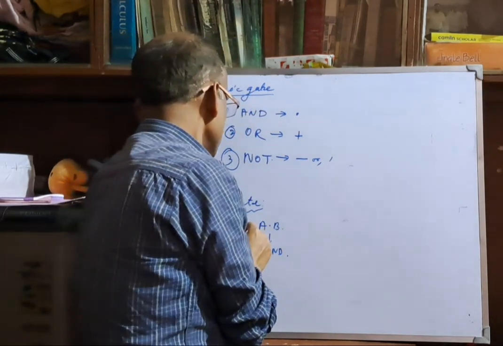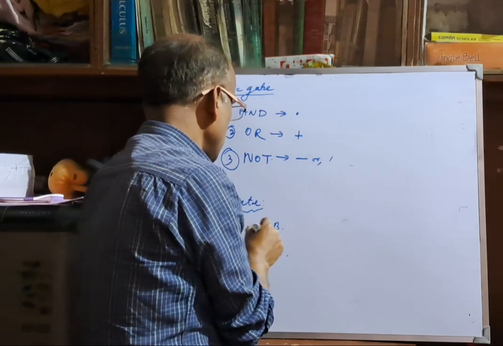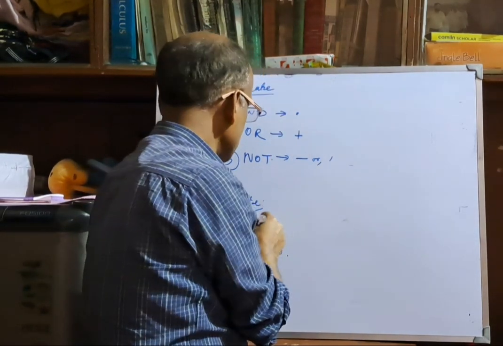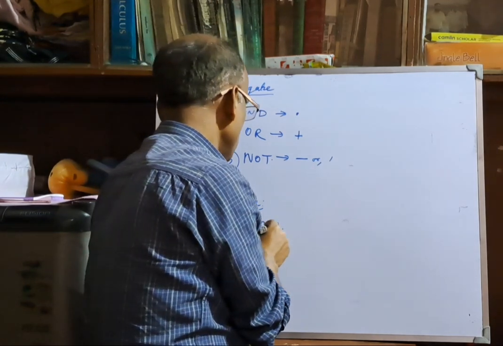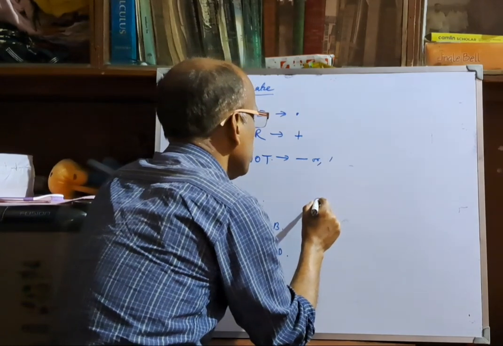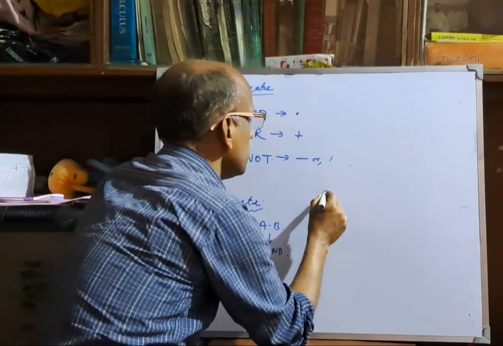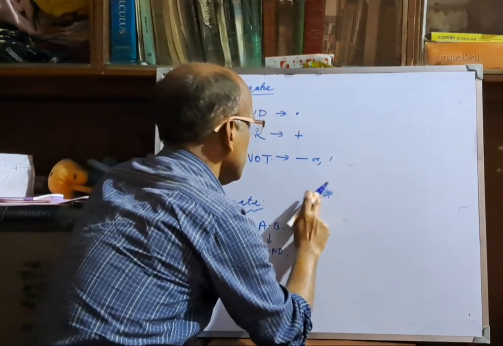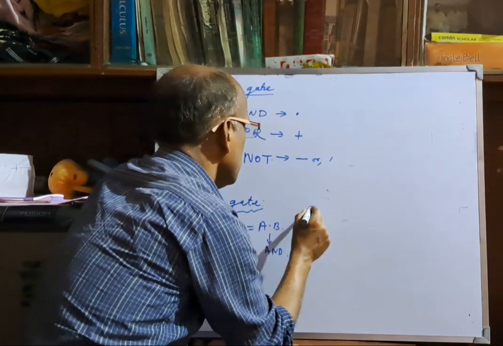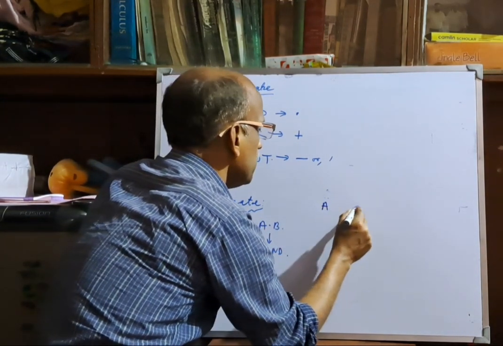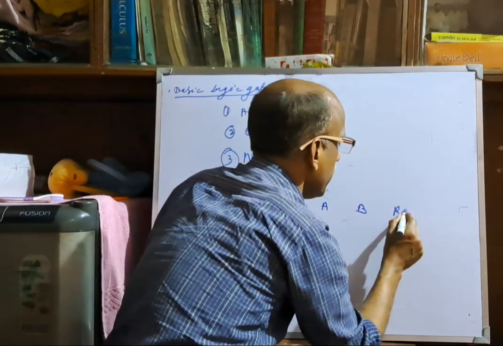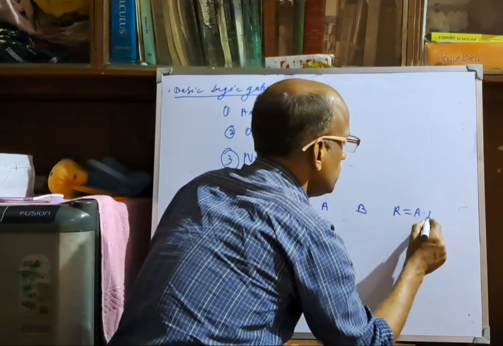Okay, and first you will see the truth table. How the truth table I am going to draw here. Here we are deciding this to express the AND gate, that is A and B, and the relation between A and B is in this way.